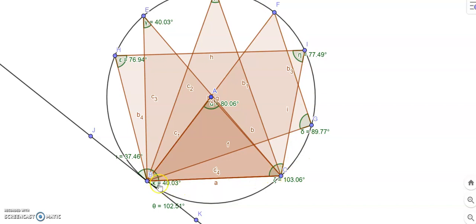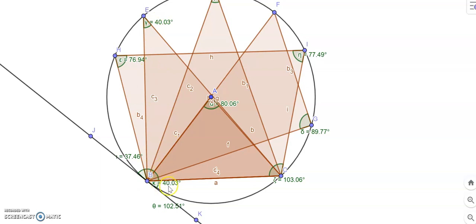So this angle here is equal to the angle in the alternate segment. How easy is it for you to get this? The easiest way is to look at the chord BC.